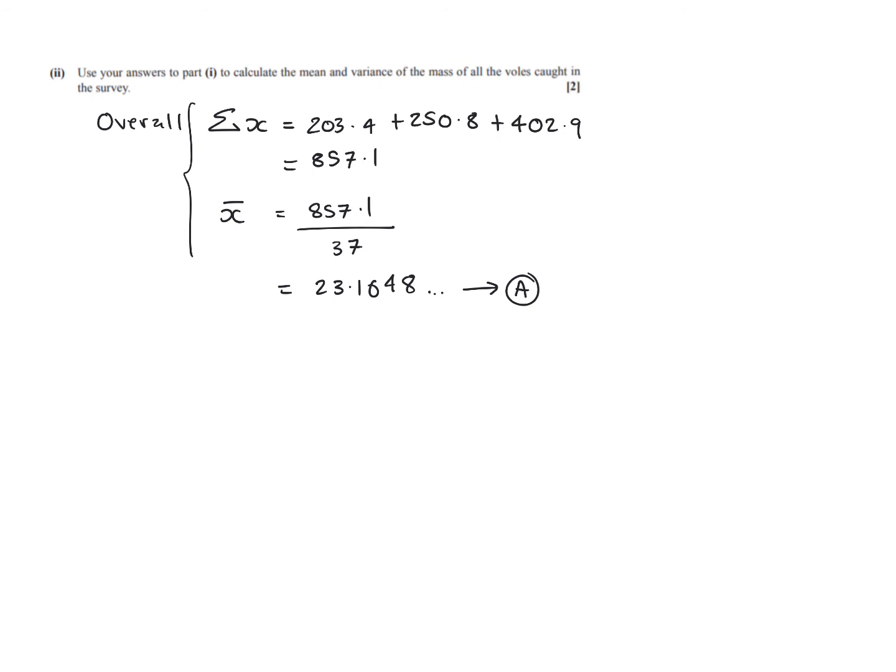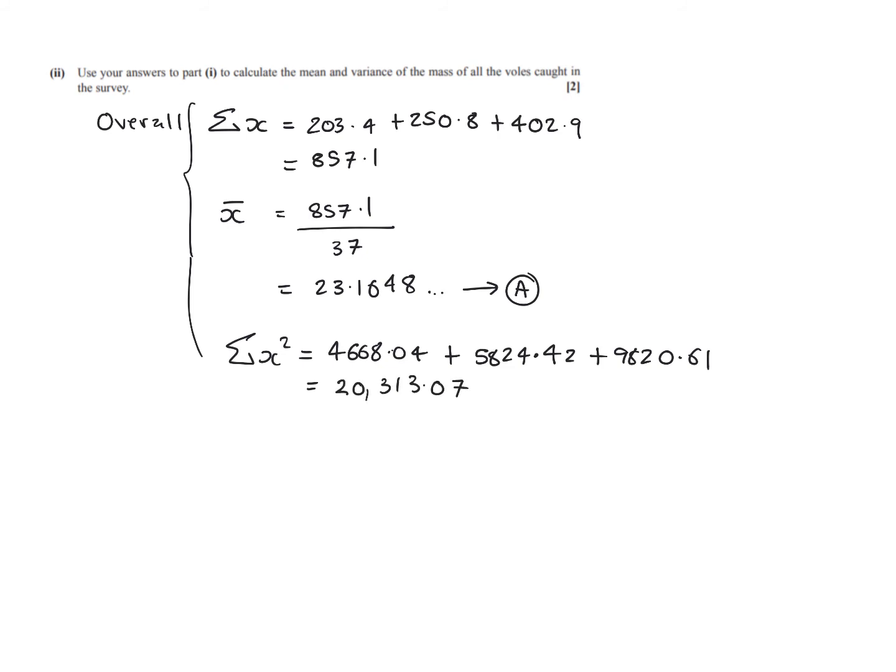So we then want to work out the overall value of sigma x squared by adding together the individual values of sigma x squared. So 4668.04, add 5824.42, add 9820.61, and that gives me a total value of 20,313.07.